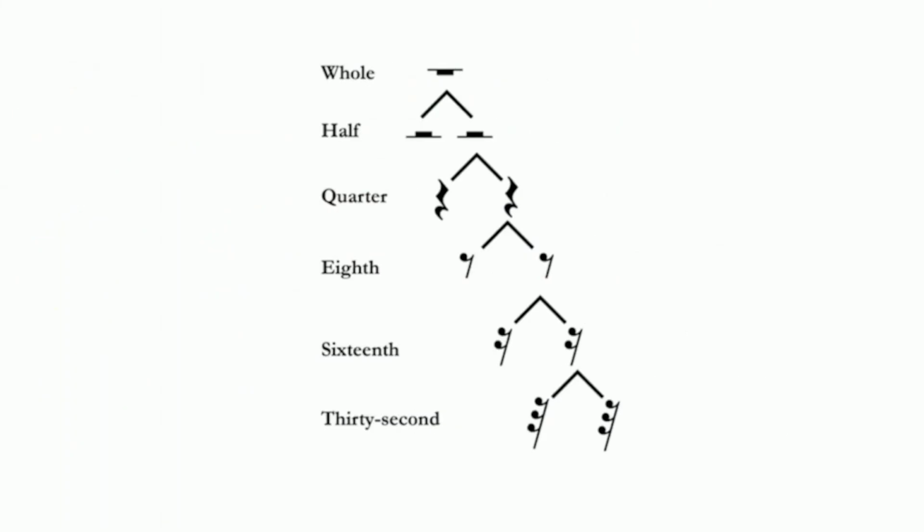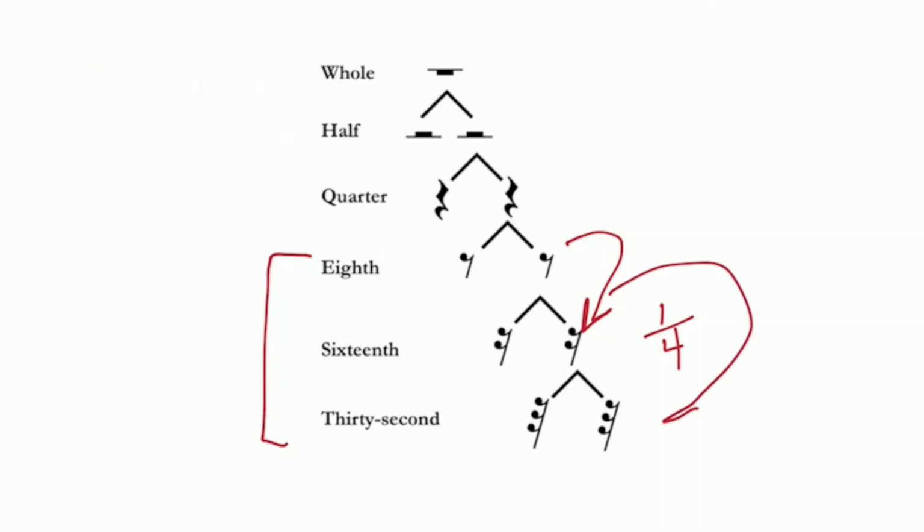And we can see in this chart that the eighth rest can actually be broken down even further into a 16th rest, which has 2 flags, and it's actually equal to a quarter of a beat. And then we have the 32nd rest, which I'm going to omit for this lesson just to keep it beginner friendly. So let's go ahead and take a look at a few examples.